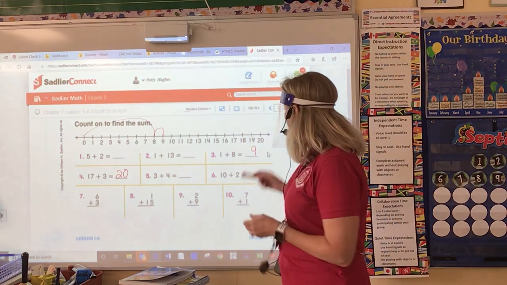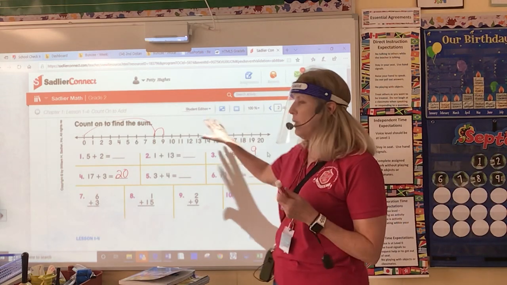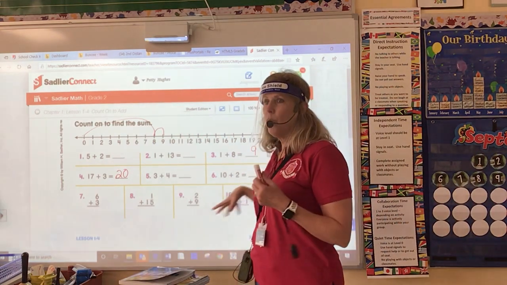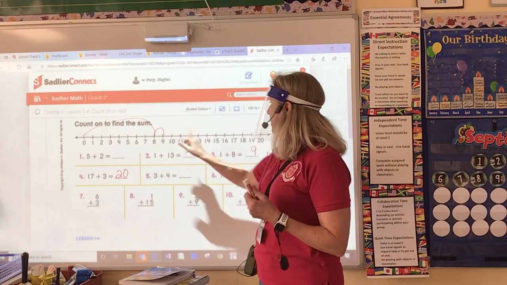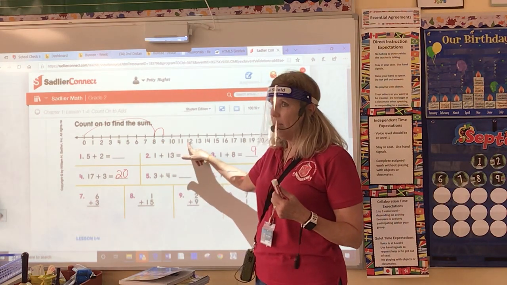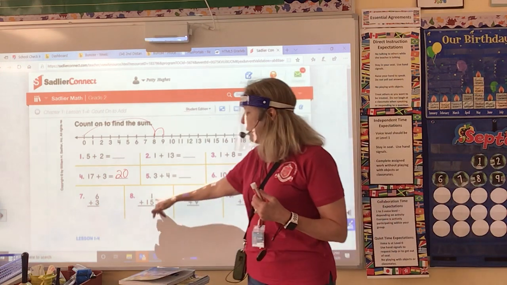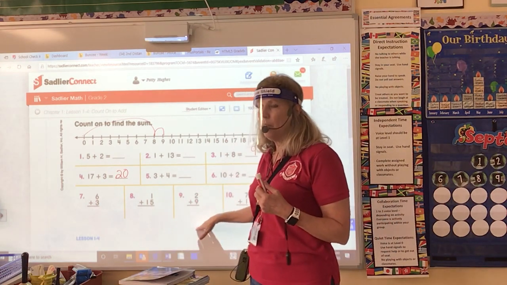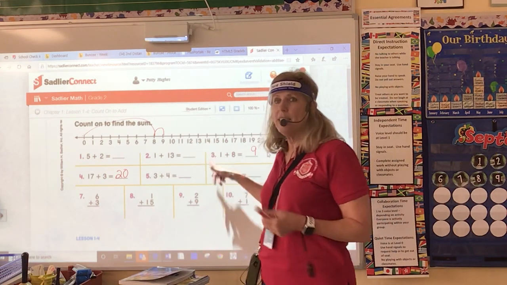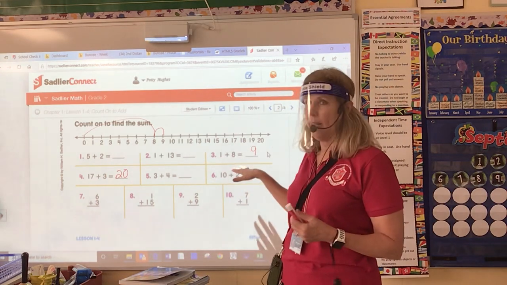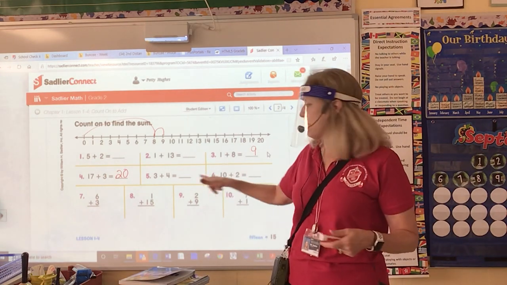So very good on that. Okay, so this is what you guys are going to be doing for these problems, using your number line. You have one here you can keep referring to. I know you could probably figure them out without the number line, but the whole idea is to practice using the number line. That goes for my distance learners too.